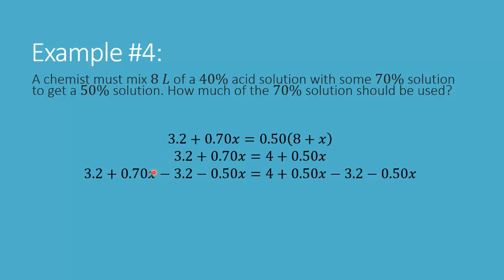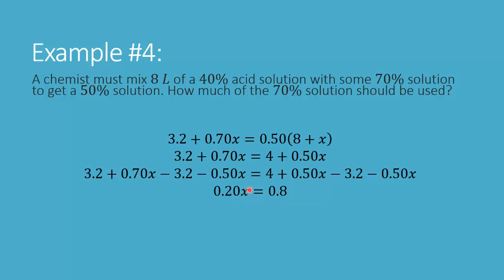So I'm subtracting 3.2 from both sides, which gets rid of the 3.2 above. Then I subtract 0.5x from both sides to move it to the left. This simplifies down to 0.2x equals 0.8.